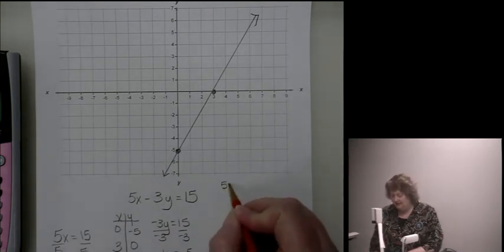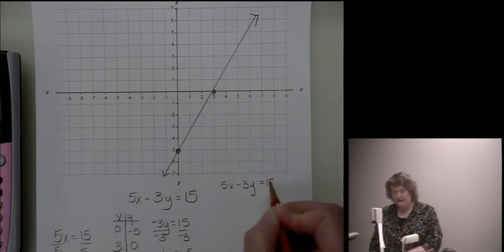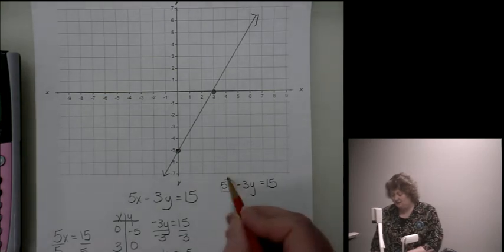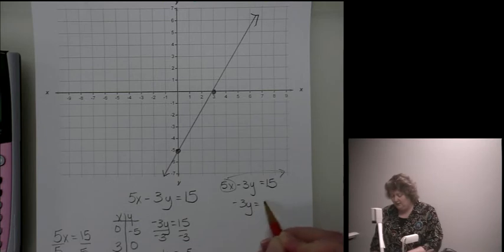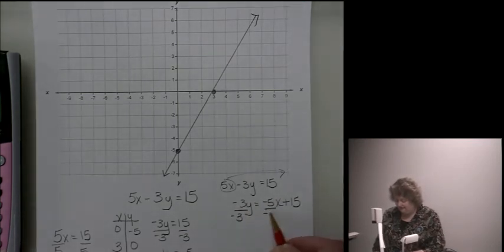Now, let's take a minute to solve this one for y, because sometimes we do have to do that for other reasons. The 5x is going to come to the other side, so we're going to get negative 3y. Remember, when it crosses over, it changes signs. Then we're going to divide by negative 3.